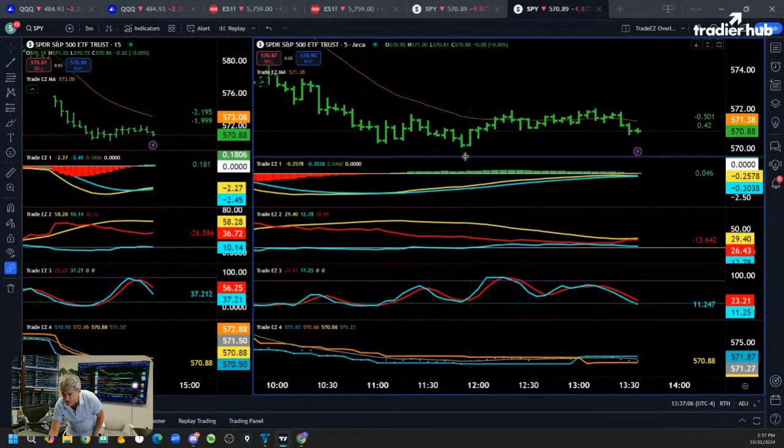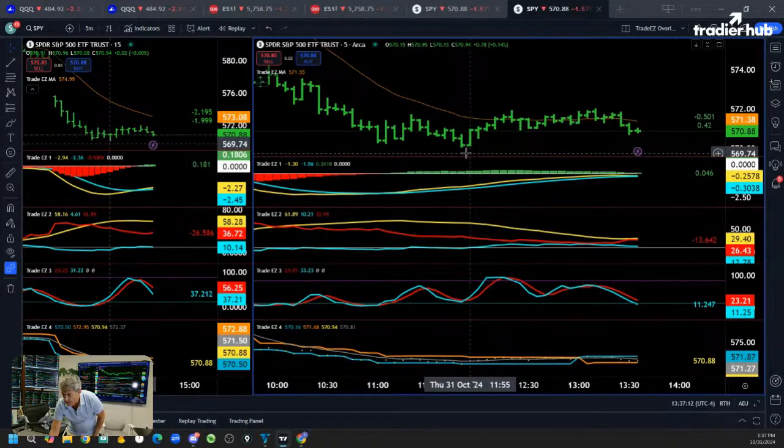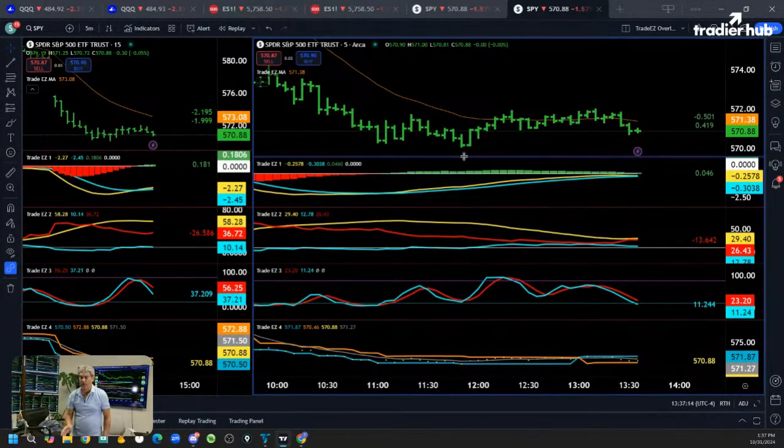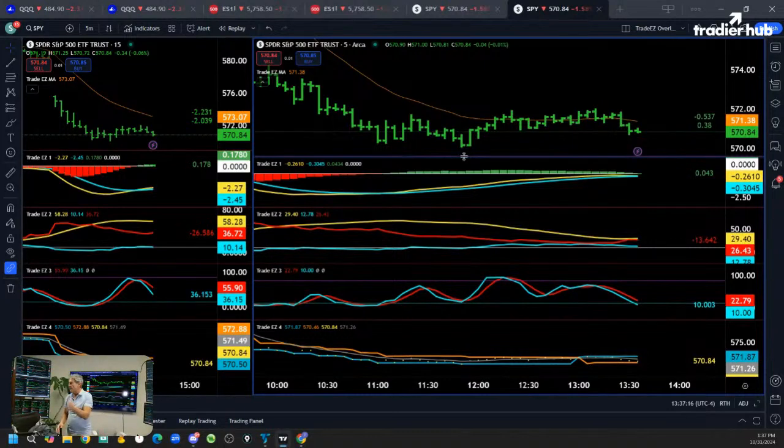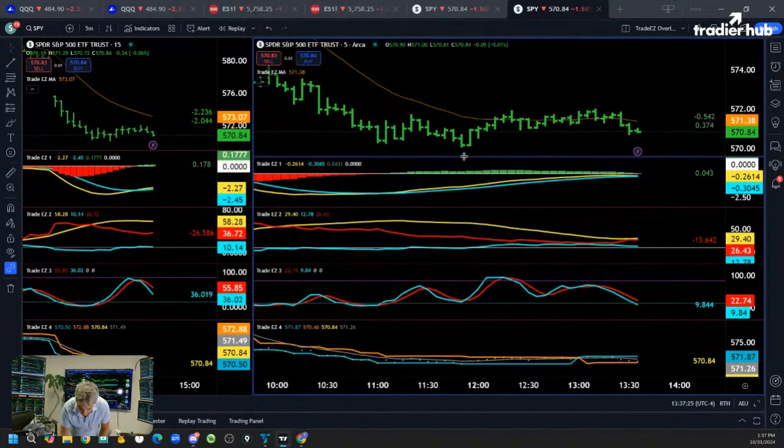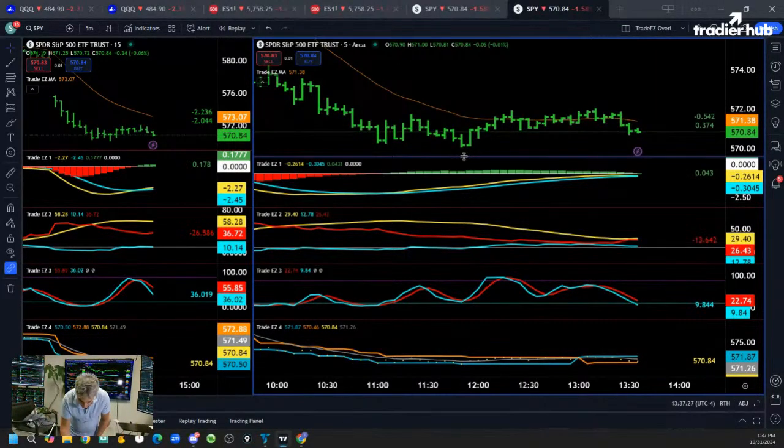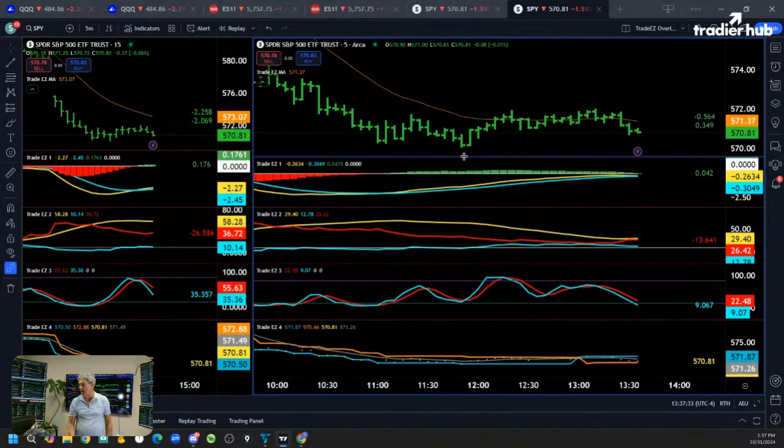And when you see this pattern right here, I called a long there. You're making new lows, and the MACDs did not confirm. The MACDs did not confirm the low. So what you want to do is recognize this pattern.